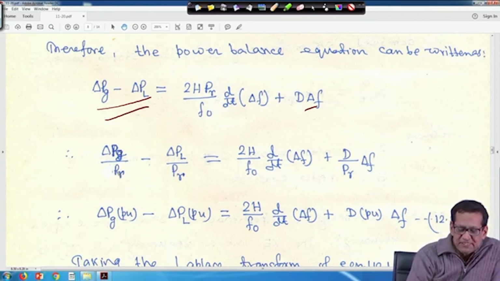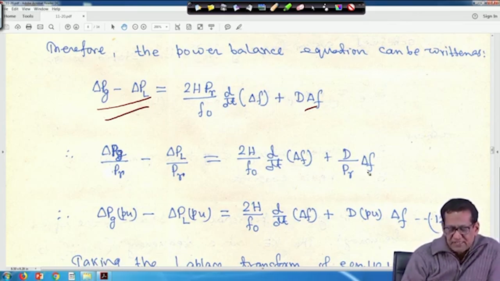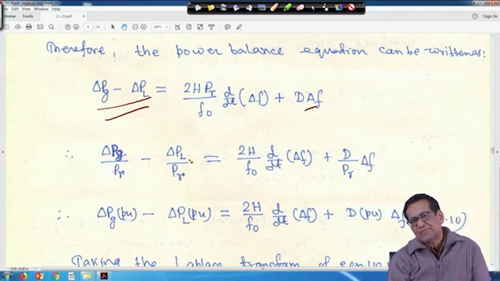So, delta Pg upon PR minus delta PL upon PR is equal to 2H upon F0 d dt of delta F, plus D upon PR into delta F. That means both sides are divided by PR, the rated capacity.